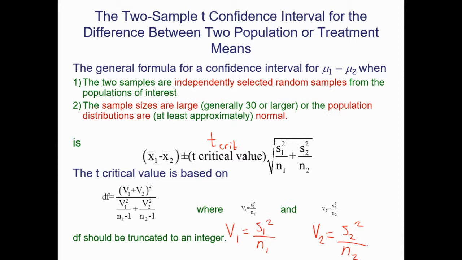So, whenever we solve for the degrees of freedom, when we truncate a number, does it basically mean for the number? Yes, that's exactly what it means. That's exactly what we're doing. We're flooring the number.